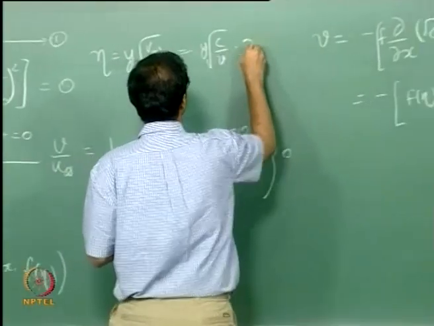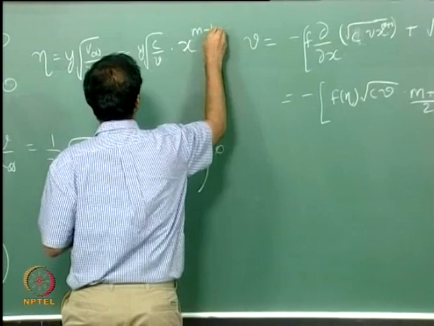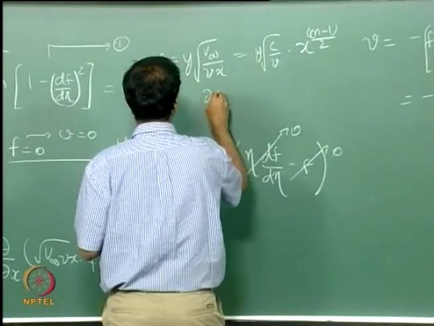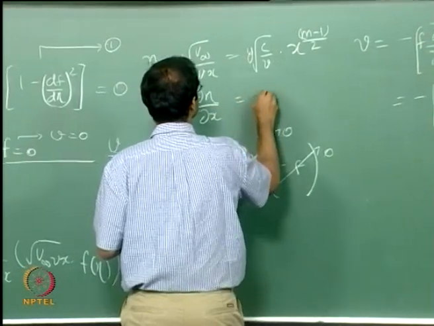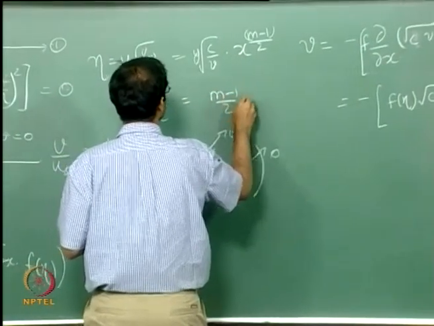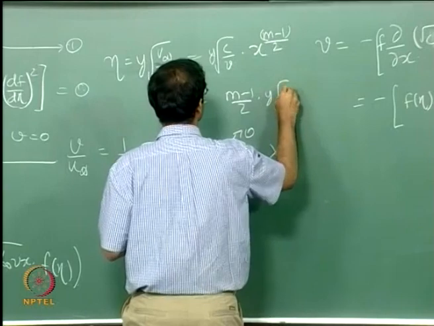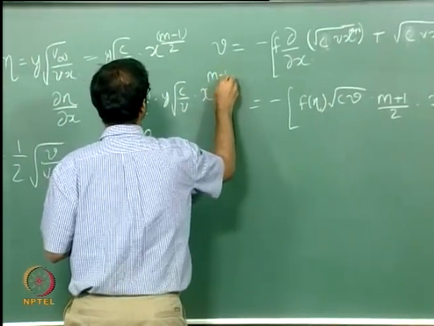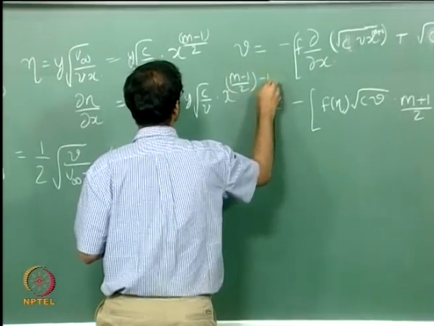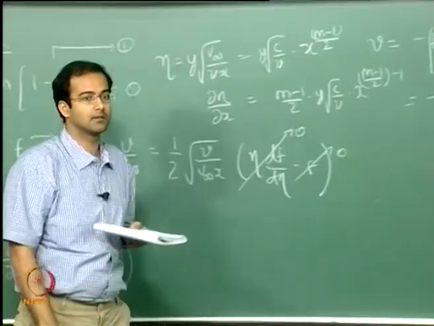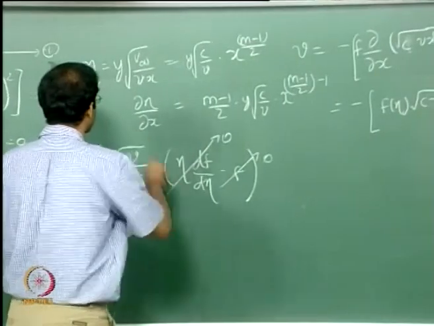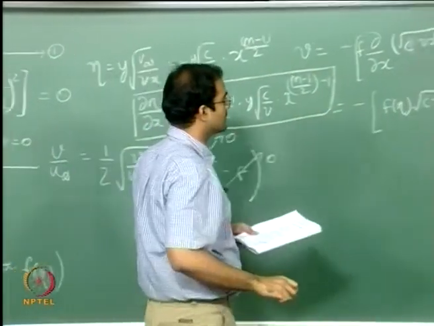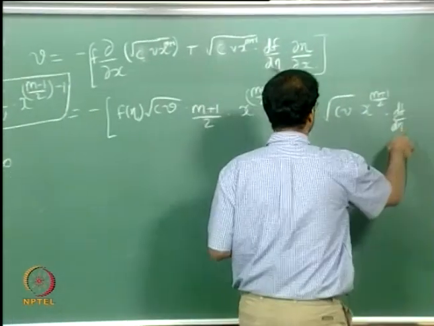Okay, so x power m minus 1 by 2. So when I say d eta by dx, this will be m minus 1 by 2 into y square root of c by nu into x power m minus 1 by 2 minus 1. Okay, so this is what I get for d eta by dx, which I can substitute here.